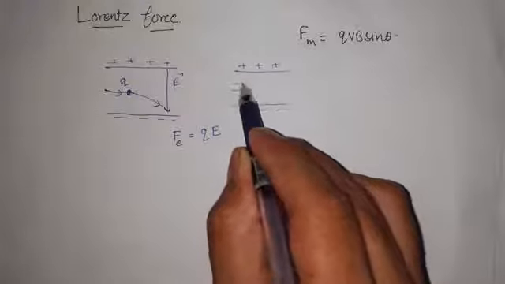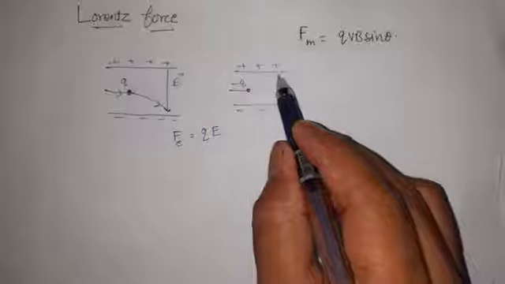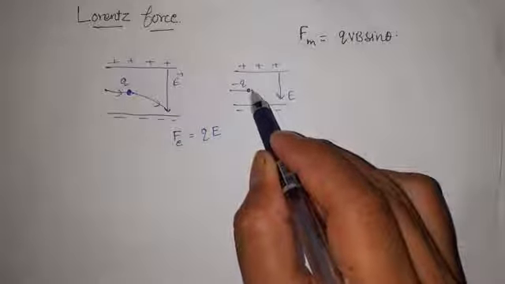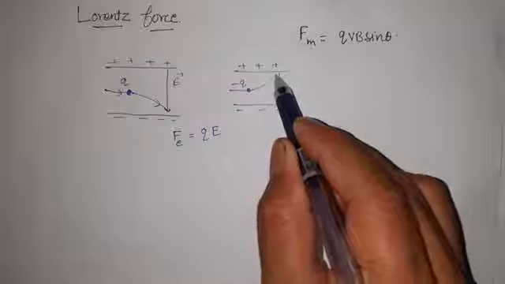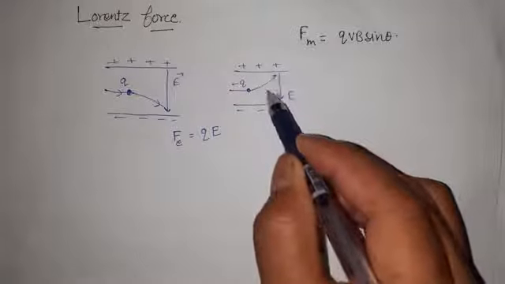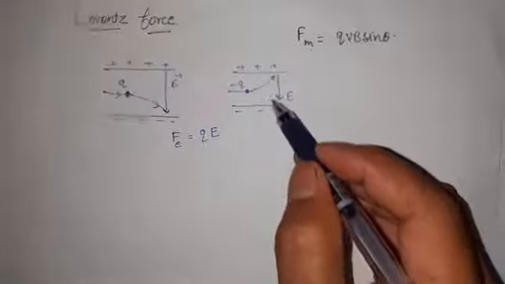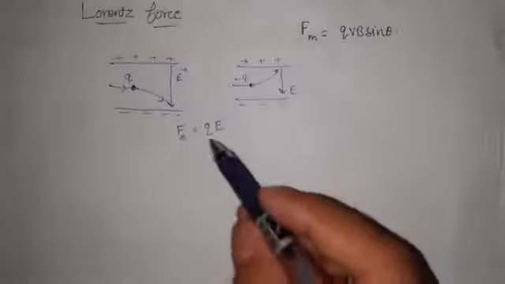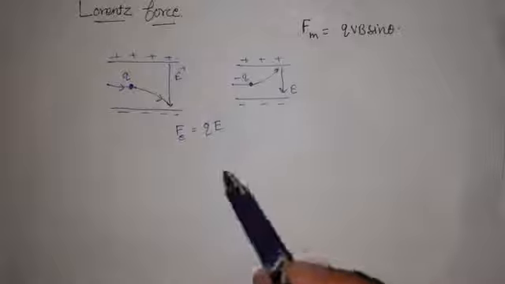We have this electric field in this region, so this negative charge will experience a force toward the positive plate. How much is this force? It is QE, the magnitude of the force.